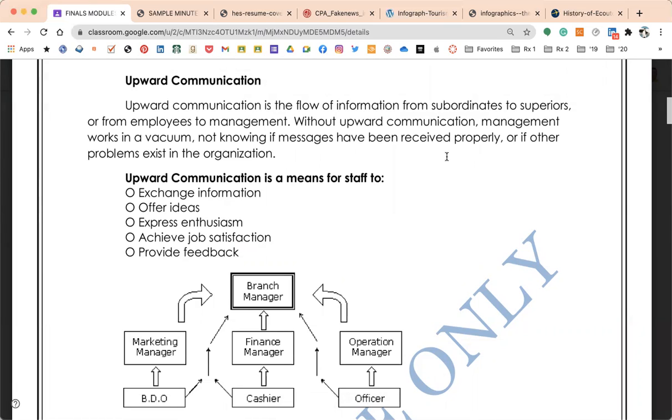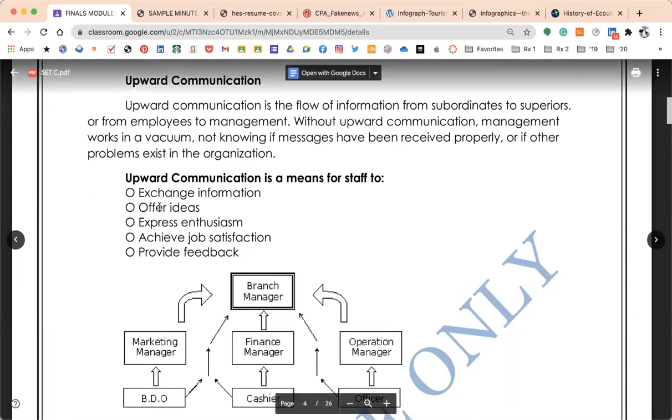For example, at the University of the Philippines, there is a hotline for sexual harassment, or harassment of any kind. If physical, sexual, or emotional harassment happens, there is an office that will help and accommodate you. That's an example of upward communication.